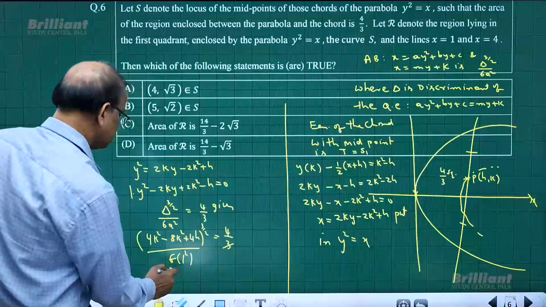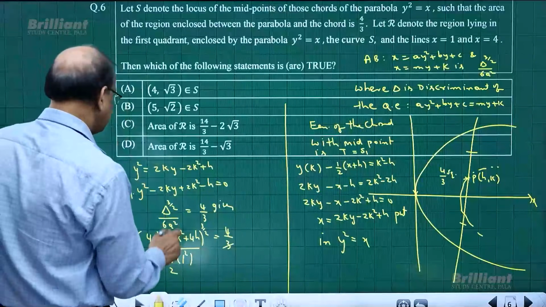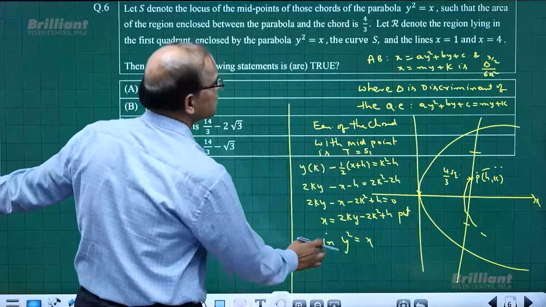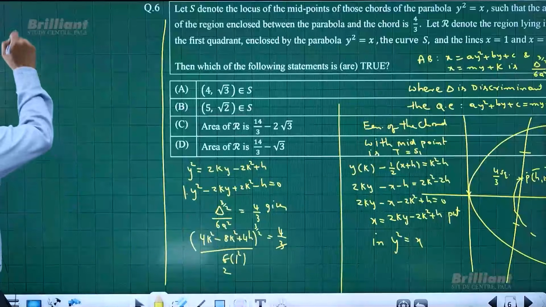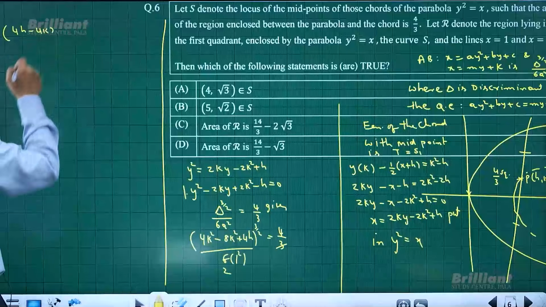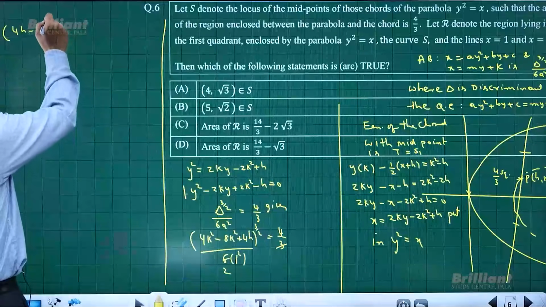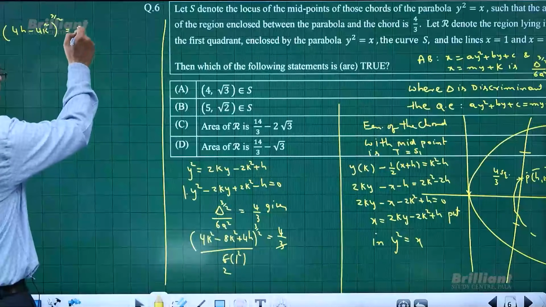So what is this? This is 4h minus 4k square, power 3 by 2, is equal to 8.